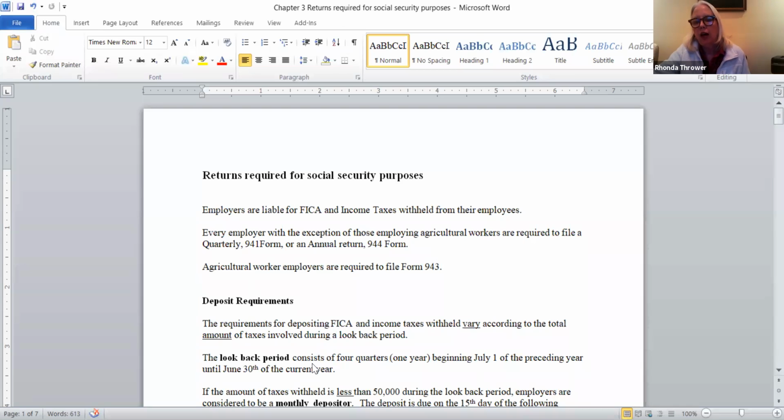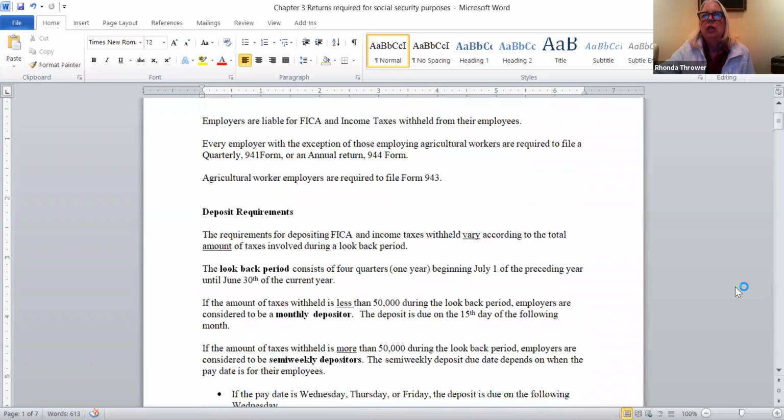And that will tell us whether we're going to be a monthly depositor of those taxes or a semi-weekly depositor of the taxes, or whether we're going to have to follow what is called a one-day rule. So I want to go over those rules with you.